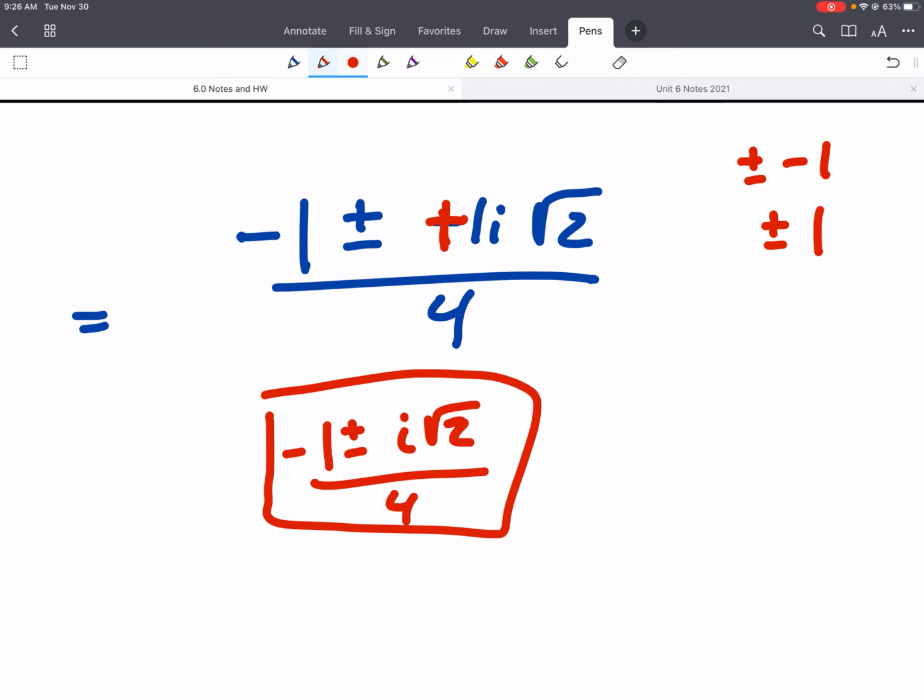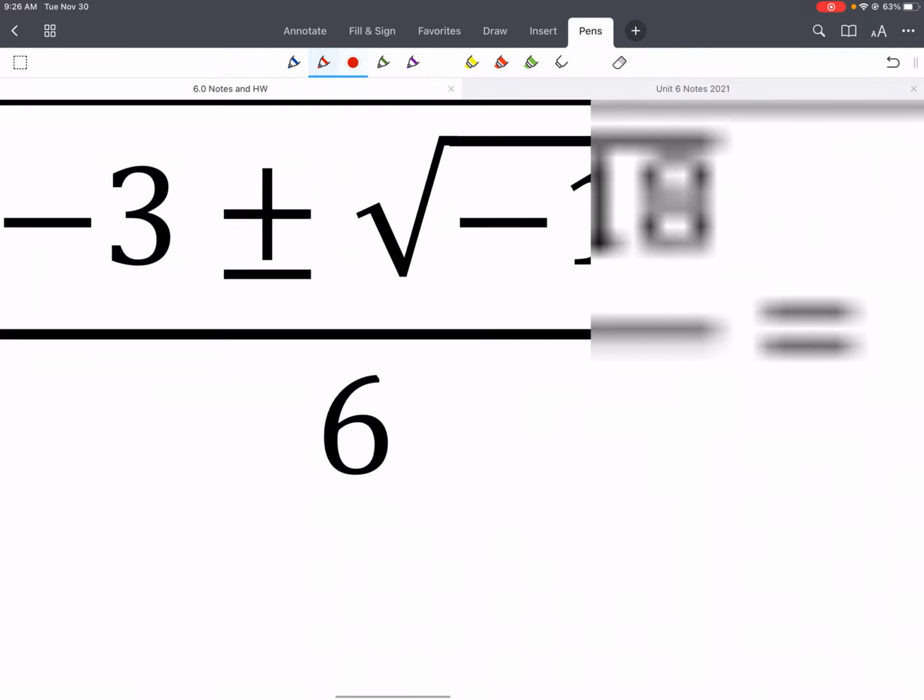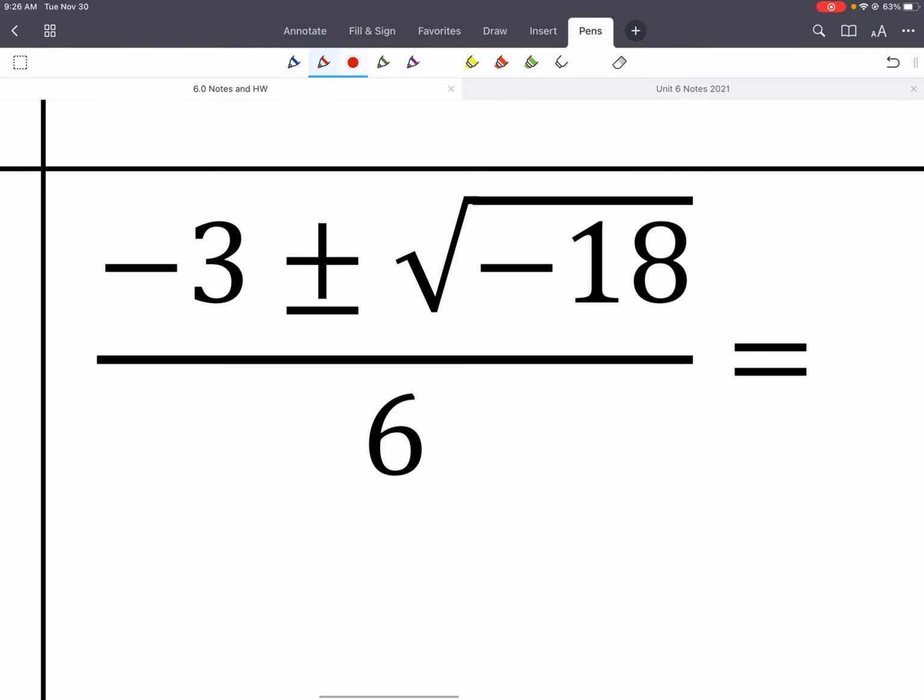All right? So let's do another example that's kind of like that. Simplify this root. Again, we have a negative, which will give us an i. We'll do our factor tree. So this would be what? 2 and 9, and 3 and 3. So we could take out a 3 in the front, and then we'll have a 2 that stays inside.